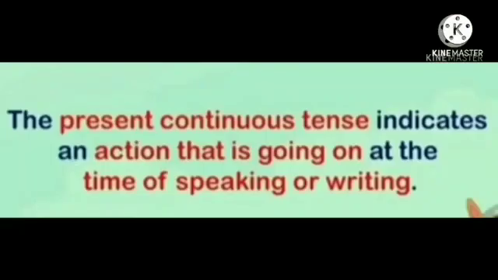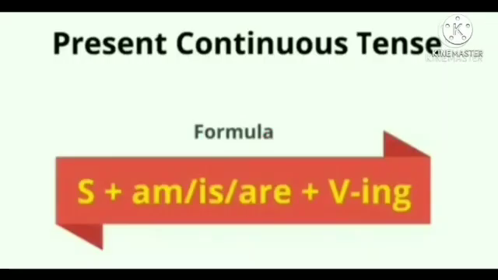Present continuous tense is formed by adding is, am or are to the ing form of the verb. Understood? The formula for present continuous tense is subject plus am or is or are plus verb ing form.